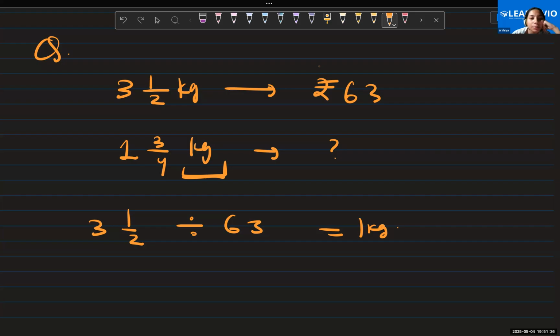Okay, you can simplify it. Simplify it first, before multiplying big numbers. 63 comes at 9 in the table of 7.